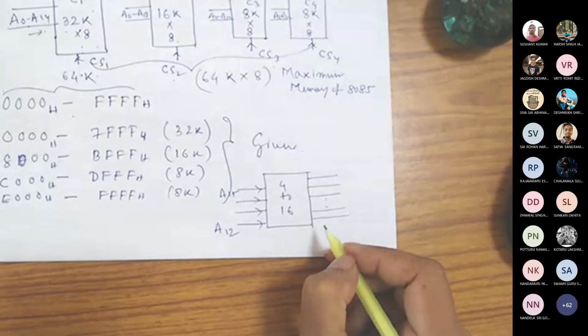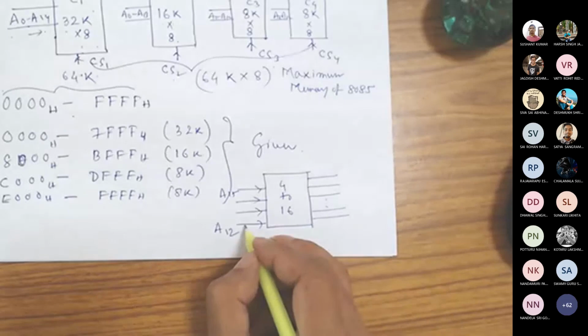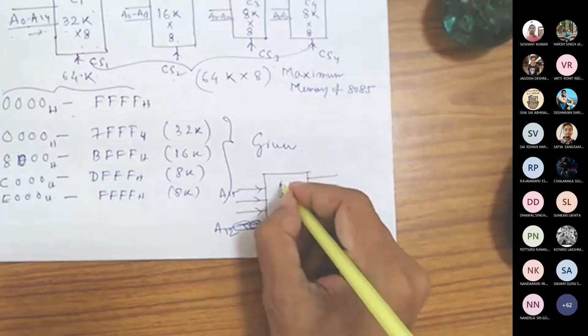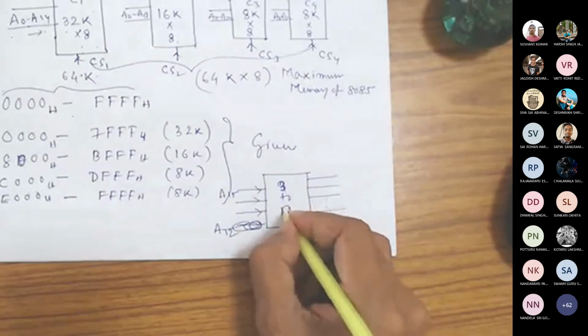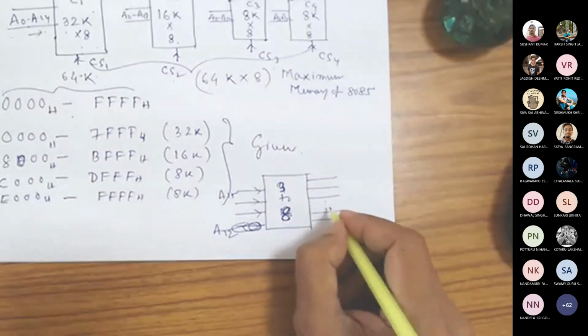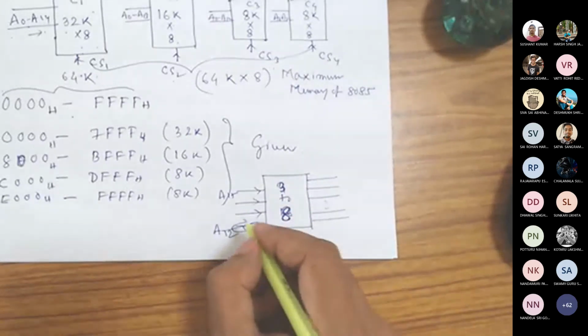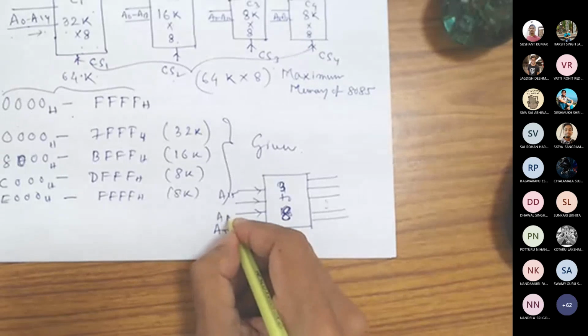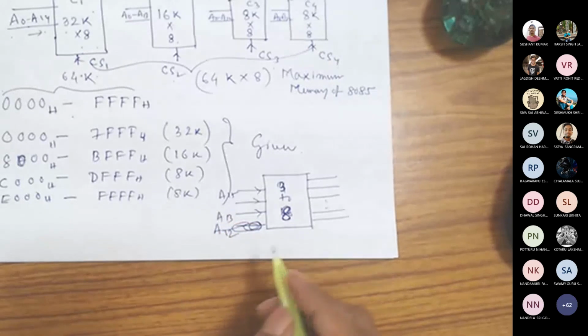Or rather, what you can do is use a 3 to 8 decoder, with A13 to A15.